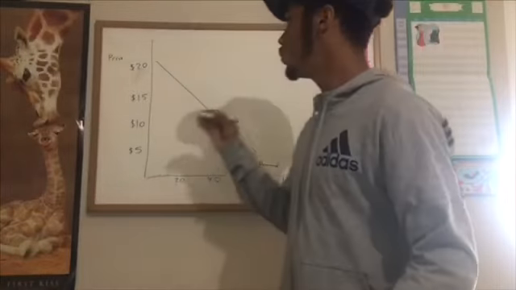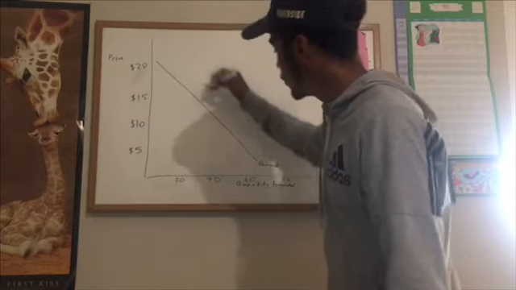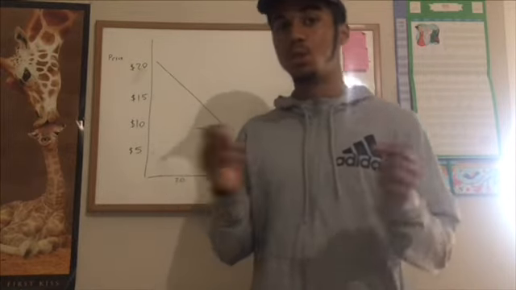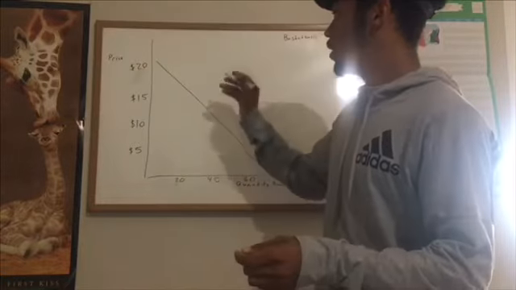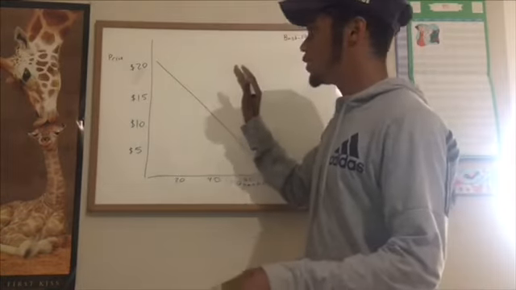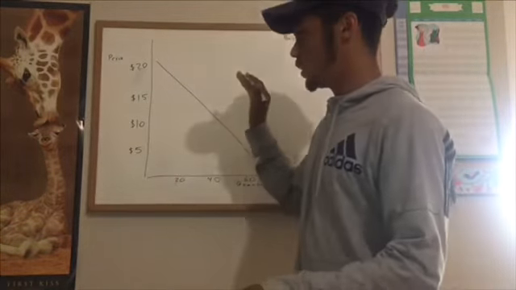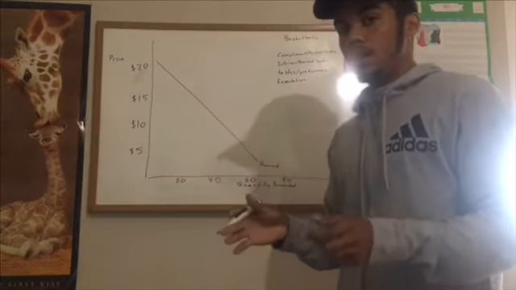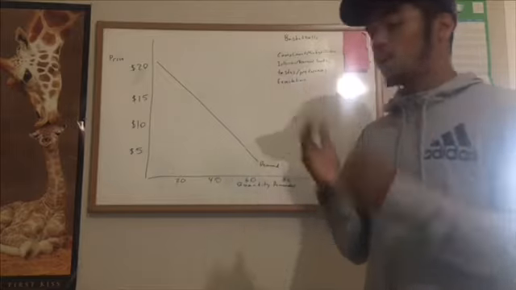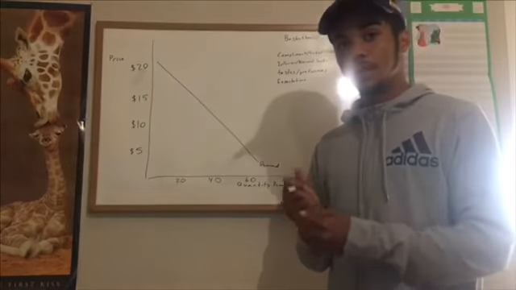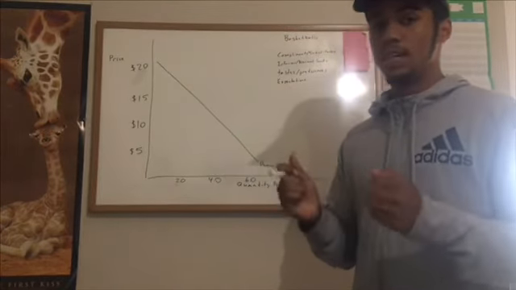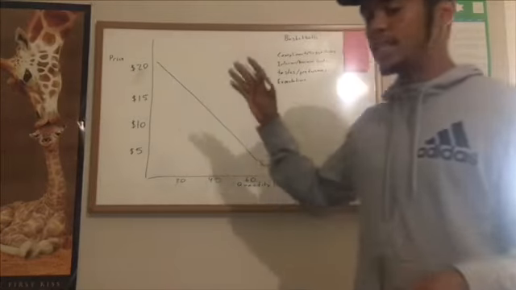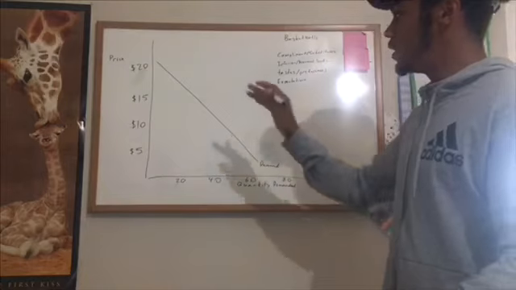So I taught you how to move along the demand curve, but when it's actually a shifter of demand versus quantity demanded, I'll show you what the shifting to the left and to the right looks like. Shifters of demand include complements and substitutes, inferior and normal goods, tastes and preferences, and expectations. When these things shift your demand, this is what it will look like.